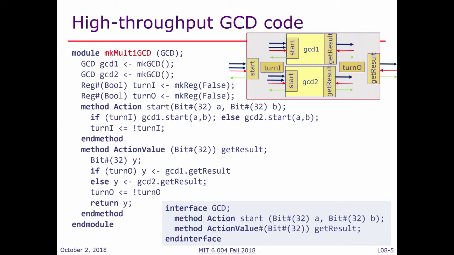It's absolutely straightforward, right? If it's this turn, then y gets get result from GCD1. That's what is written over here, that if turn is true, then you get GCD1 dot get result. If it is false, then you get the result from GCD2 dot get result.